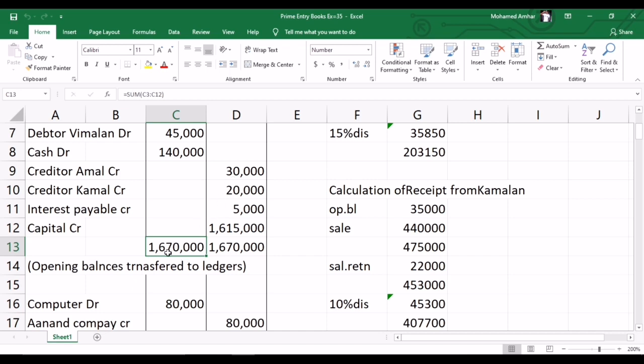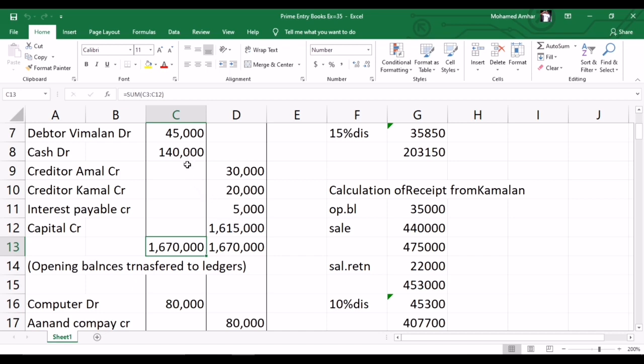So from the 1,670,000 assets total, you deduct the 55,000 and find out the capital. So capital is 1,615,000.